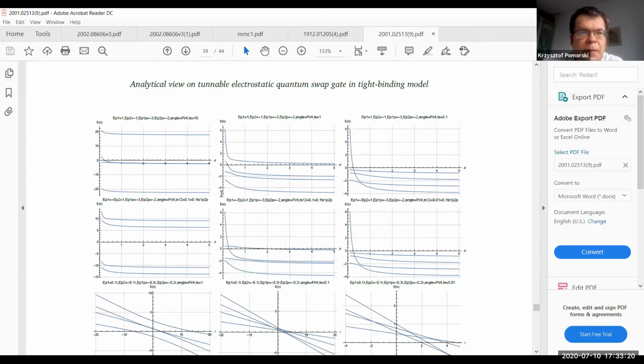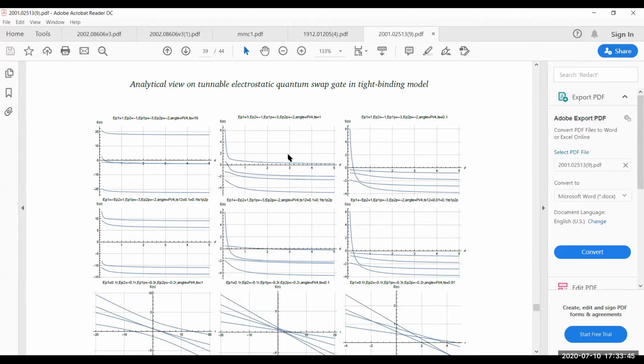Here we have a hopping constant Ts that is set to 10 for all qubits, and then we can simply change the hopping constant, like changing the connectivity between quantum dots in each of those two qubits, and tune the eigenenergies.